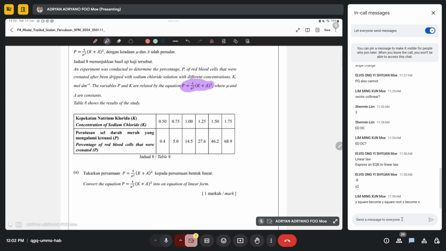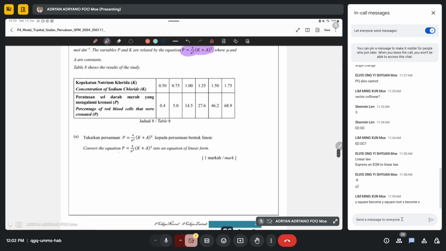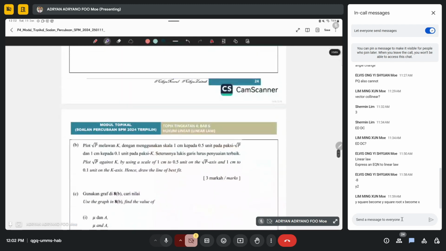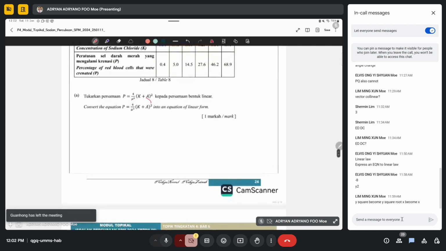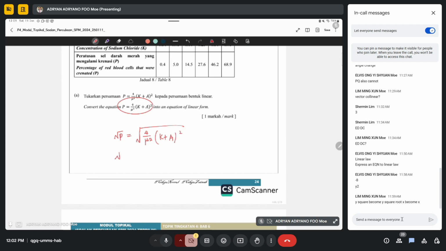mu and a are constants, k 是变的, p 也是变的, so convert p equal 这个 into an equation of linear form. 1 mark but now you don't know right how is the linear. You see question B, 他跟你讲了 set p against k, 所以现在我要把这个东西变出来, 有一个 set p 然后有一个 k. Square root both side. Square root 4 over mu square k plus a square, k square root p. 4多少? 2 square root mu, 2 mu.